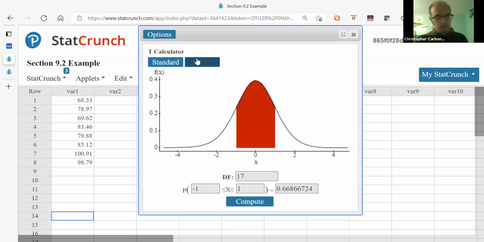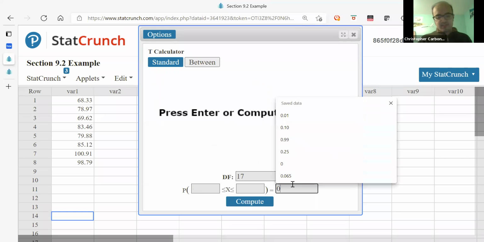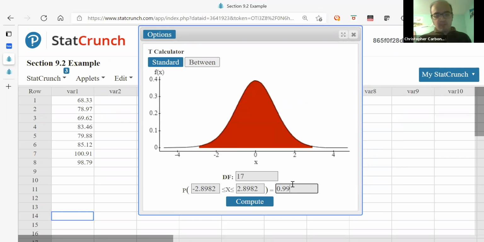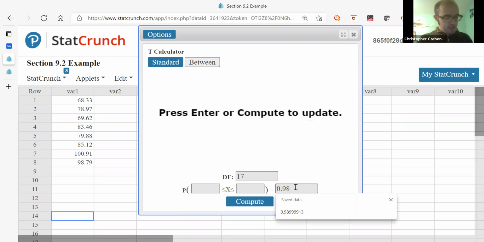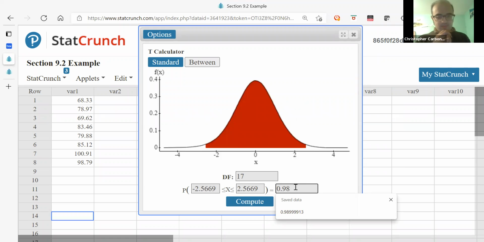Just to quickly note, the other way we could do this is to use the between option, again with 17 degrees of freedom. And we would put in 1 minus 0.01, which would be 0.99. The only problem though is, as you could see, excuse me, we would use 0.98 due to the 98% confidence. There you go, that's better.